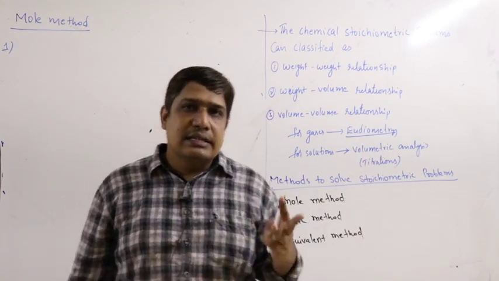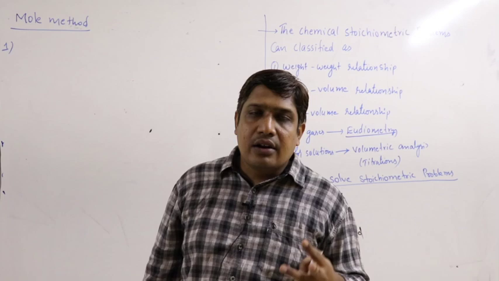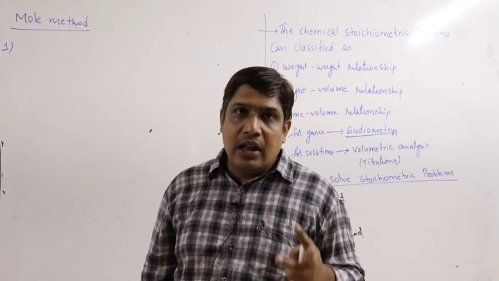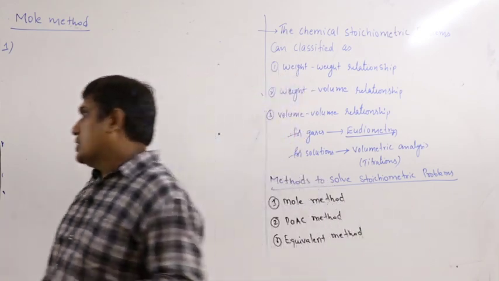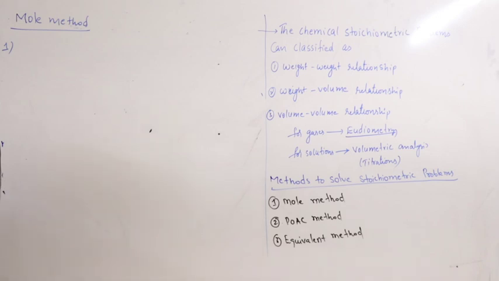These are the 3 steps. Once again, write the complete balanced chemical equation. The stoichiometric coefficients represent moles, therefore write the mole ratio. Using the unitary method, find the required quantity of the product.